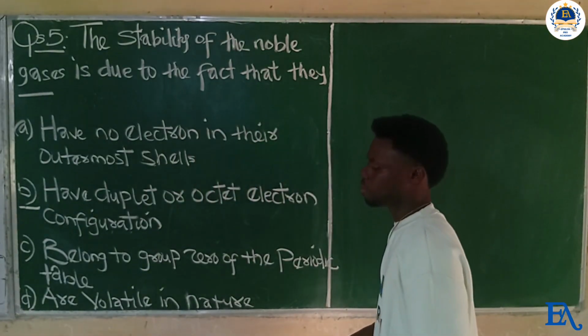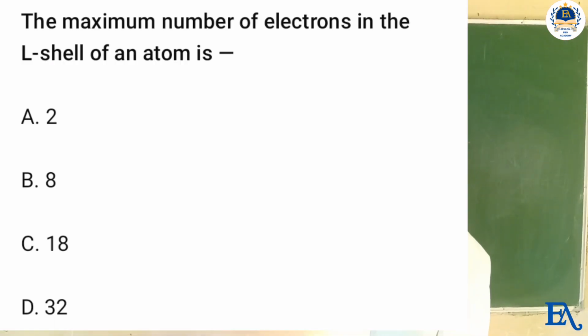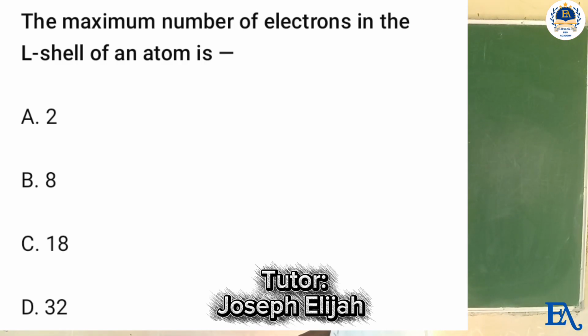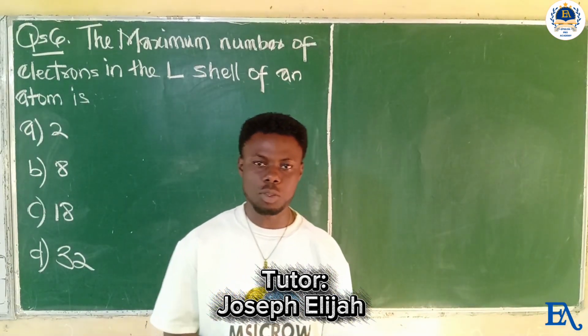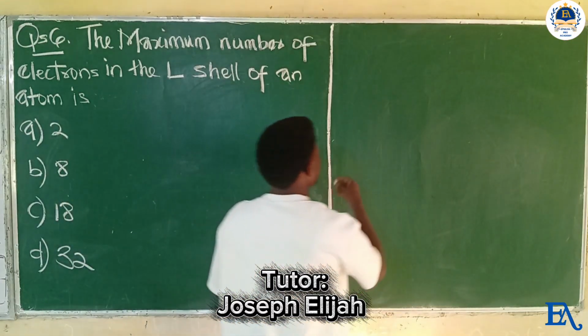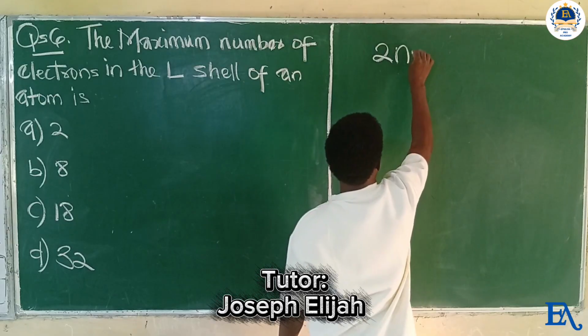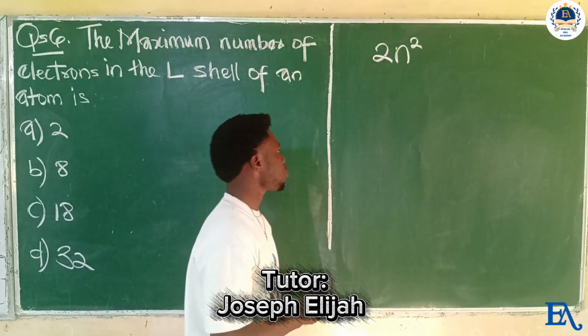Question number 6. The maximum number of electrons in the second shell of an atom is option A, 2, B, 8, C, 18, and D, 32. The general formula for the maximum number of electrons in a shell is 2n raised to the power of 2, where n is the principal quantum number.